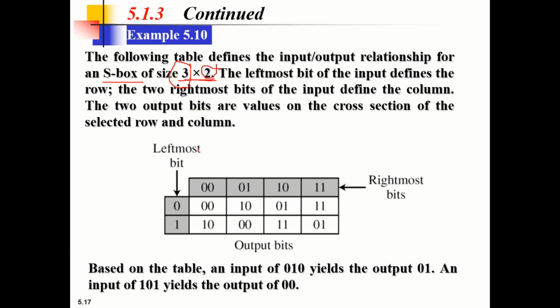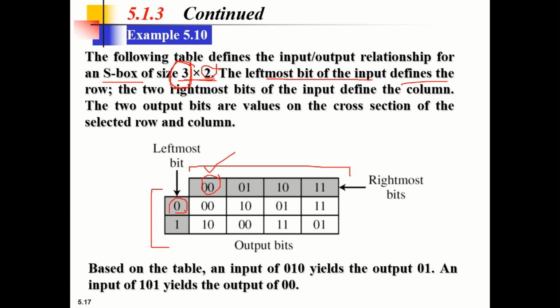So how do we make use of this table? Now it says that the leftmost bit of the input defines the row. Whatever the leftmost bit of the input is, because this input is 3 bits, the leftmost bit will be used for the rows, and the two rightmost bits of the input will define the column, right? So the input will be made up of this bit and these two bits.